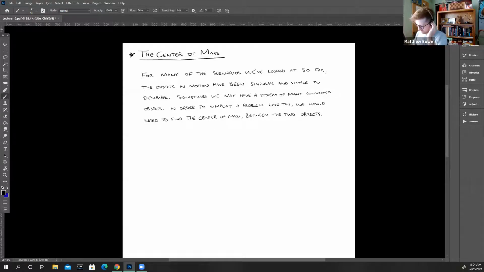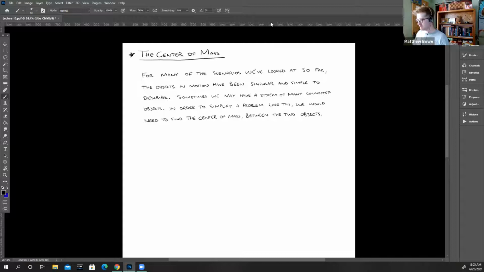So today we're going to go over the center of mass. We have gone over singular objects before, a ball thrown through the air, or perhaps a sled sliding on a table.